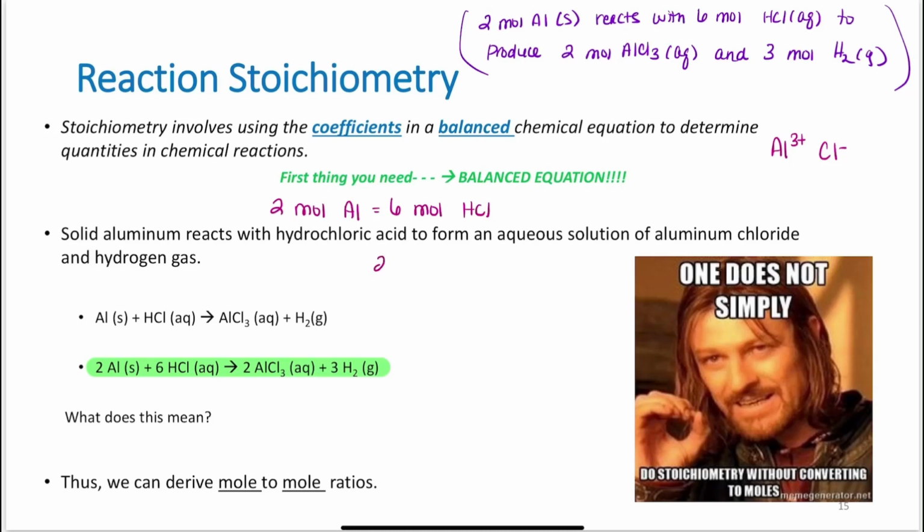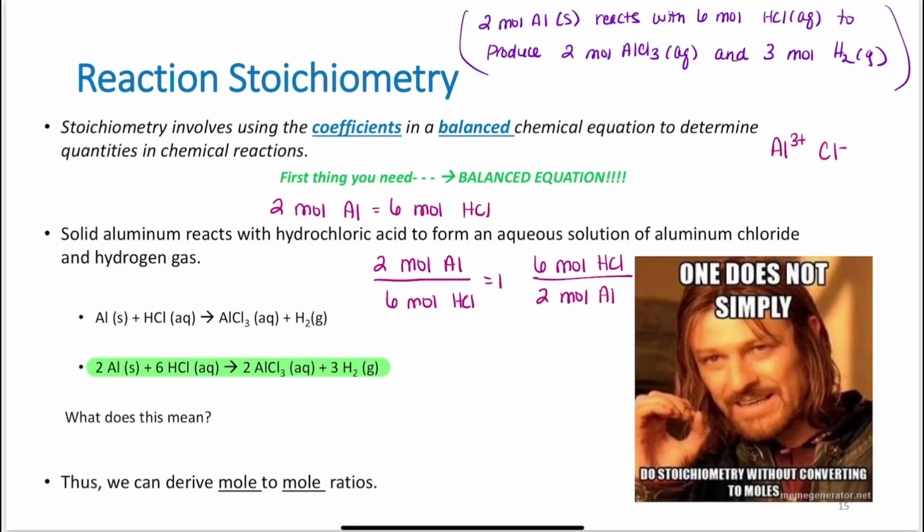It is a complete conversion there because it's 2 moles of aluminum reacting with 6 moles of HCl. But I can also write that as 2 moles of aluminum divided by 6 moles of HCl because this equals 1. Because they're equal to each other, the one divided by the other also equals 1. I have to write the word mole there. We have to specify we're talking about moles here because we could be using other units. And you could also write it as 6 moles of HCl divided by 2 moles of aluminum.